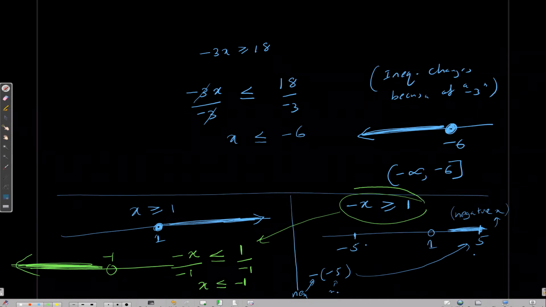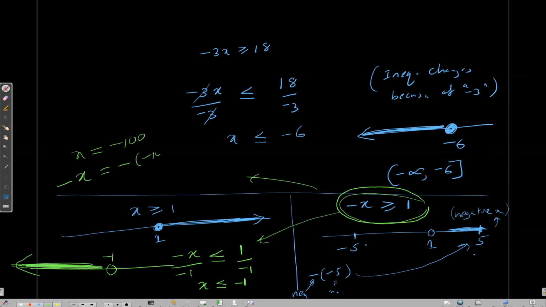Now think about this again. For example, if my x is -100, negative x is negative times -100, which is 100, and which is greater than 1, which makes sense, right? That's the reason, explained using a simple example.